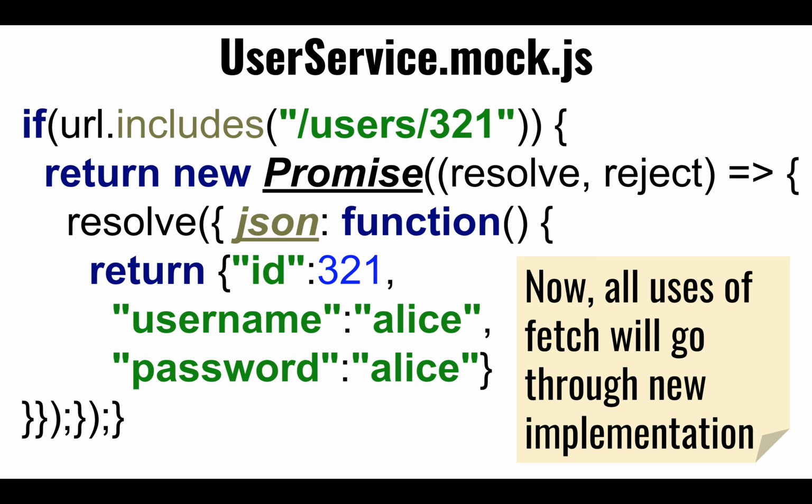That promise typically has a JSON function that converts the HTTP body into a JSON object, and we can replace that JSON function to come back with whatever value we want.